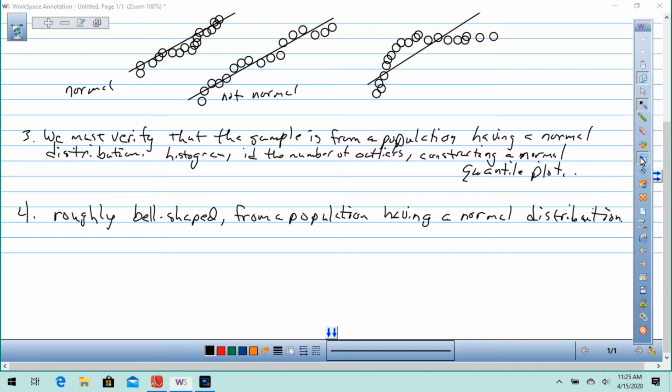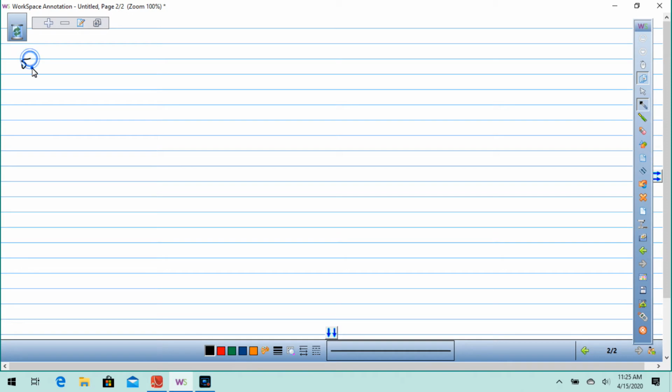Number 5, ages of presidents. The normal quantile plot represents ages of presidents of the United States at the time of their inauguration.